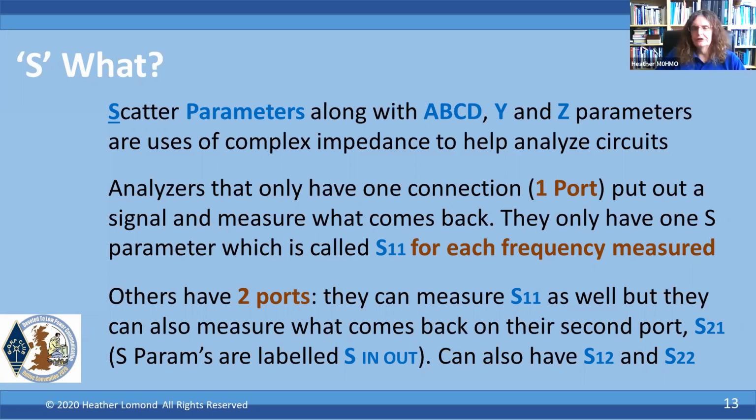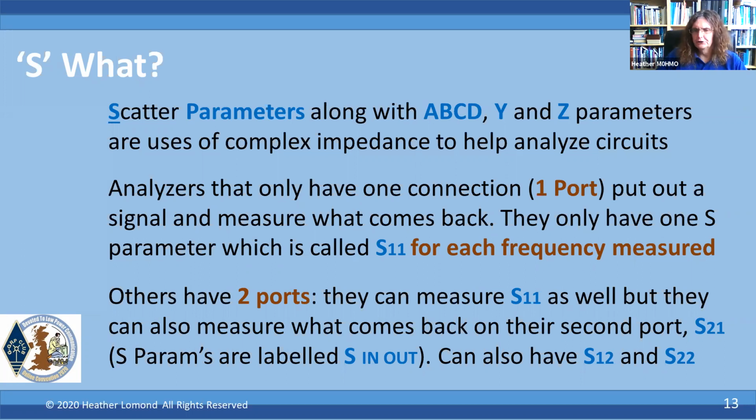If you've got a 2-port device, a test device, then you could do things like measure a filter. So here you put out the signal on one port, and you also look at what comes back on that port. So this is the same as with the 1-port system, the S11. But also you've got 2 ports, so you can look at what comes out of the filter by feeding that into your 2nd port, and this is S21.